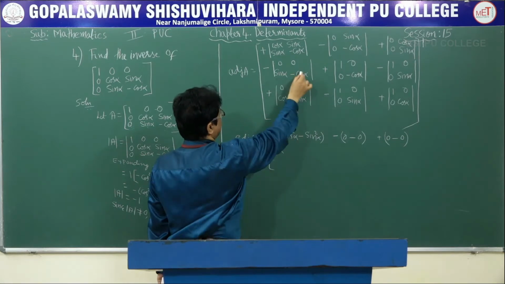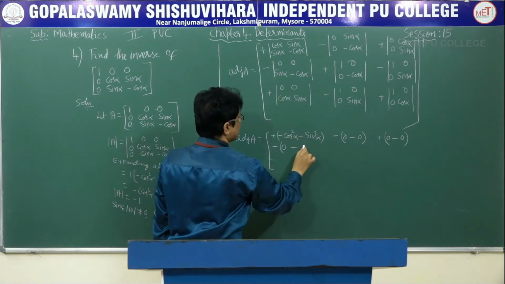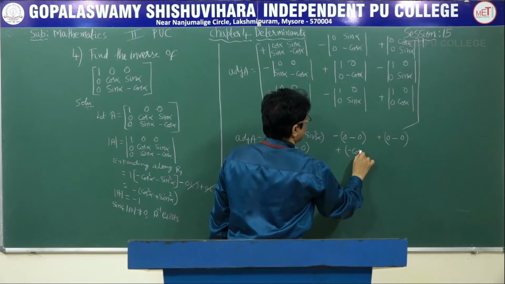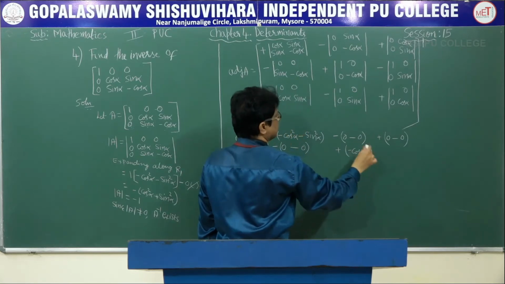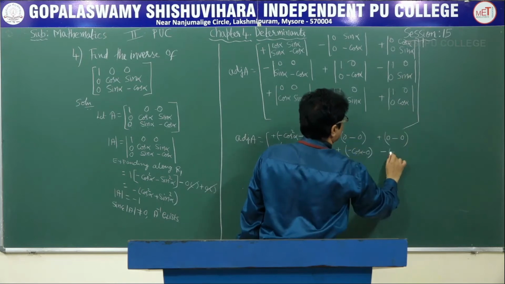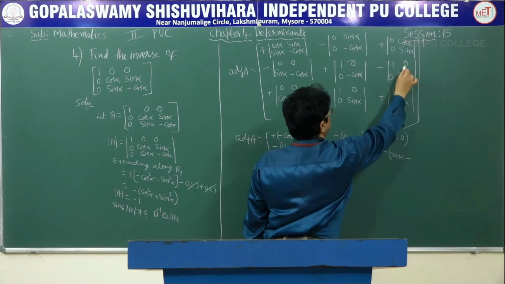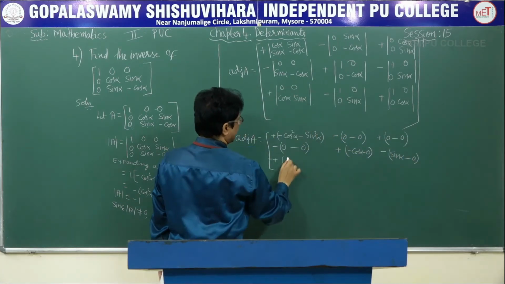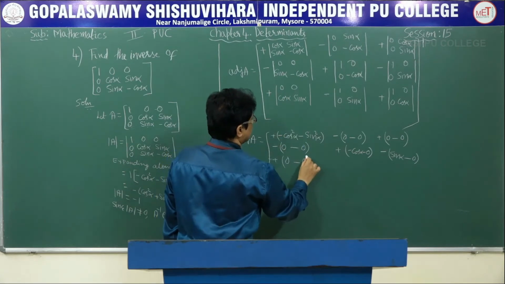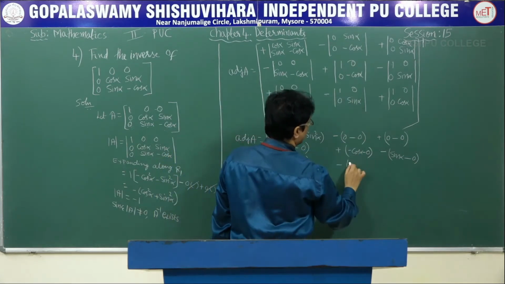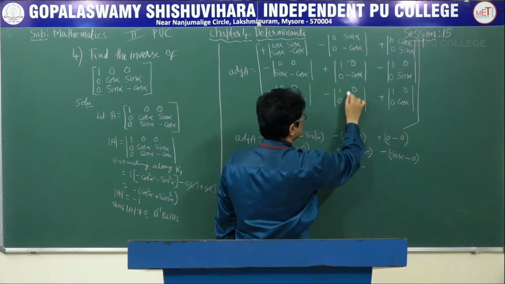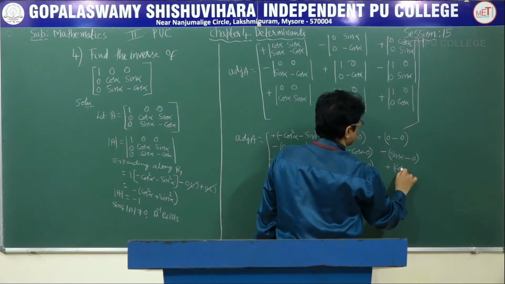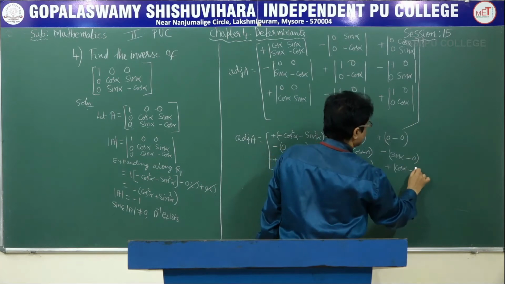Minus of 0 into minus sin alpha, 0, minus sin alpha into 0, 0. Plus 1 into minus cos alpha, minus 0. Minus of 1 into sin alpha, minus 0 into 0, 0. Plus 0 into sin alpha, 0, minus cos alpha into 0, 0. Minus of 1 into sin alpha, minus 0 into 0, 0. Plus 1 into cos alpha, minus 0 into 0, 0.